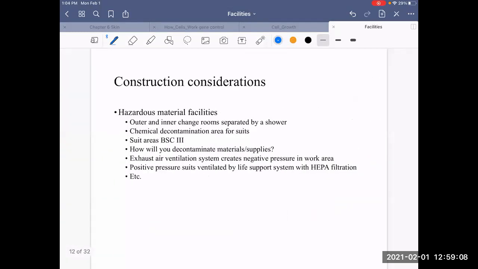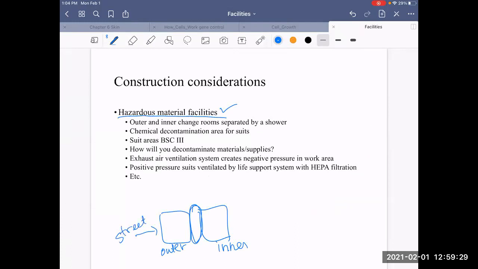All right, so hazardous material facilities. The outer and the inner change rooms. Here is the outer. You first go in to the facility with your street clothes on. You go in here and you put on scrubs.